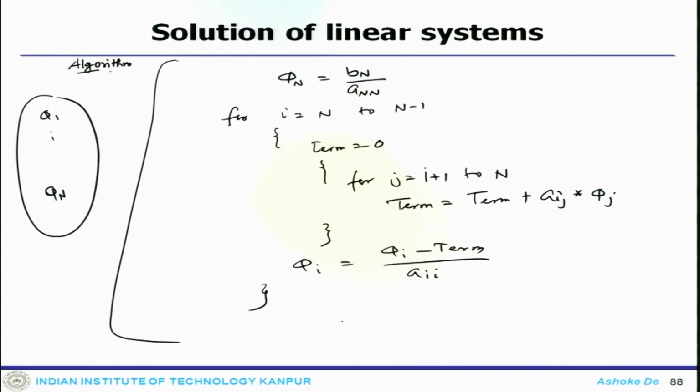The number of operations required for a system of n equations is proportional to n cube by 3, of which n square by 2 arithmetic operations are required for the back substitution. So, you can see this much is required for back substitution, and the total operation count is this. So, this high computational cost is a limitation for the applicability of this kind of approach in large scale problems.